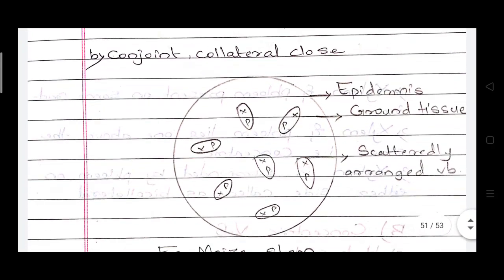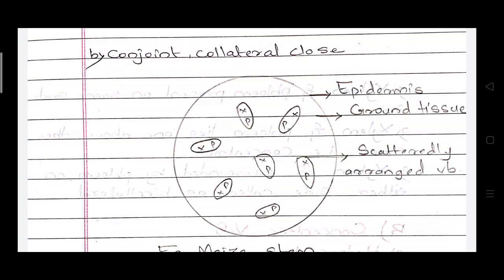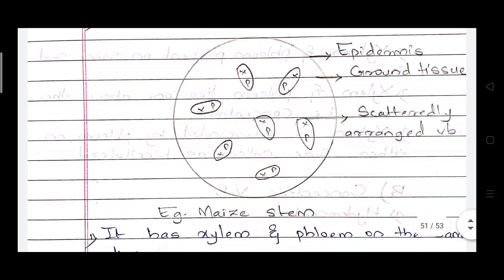Then the second type of collateral is the conjoined collateral closed type. The outer structure is similar: the outer layer is the epidermis, then the ground tissue, and in the ground tissue the vascular bundles are scattered. You have to see this structure of the maize stem, where X means xylem and P means phloem.